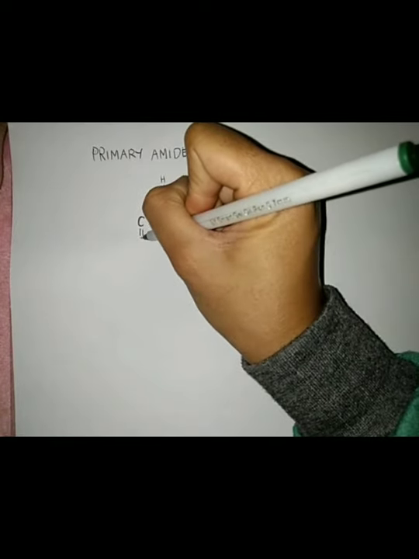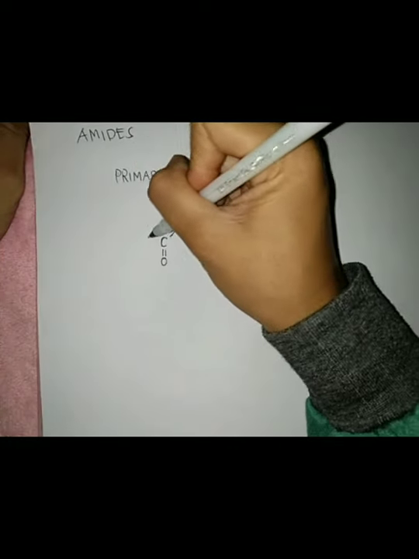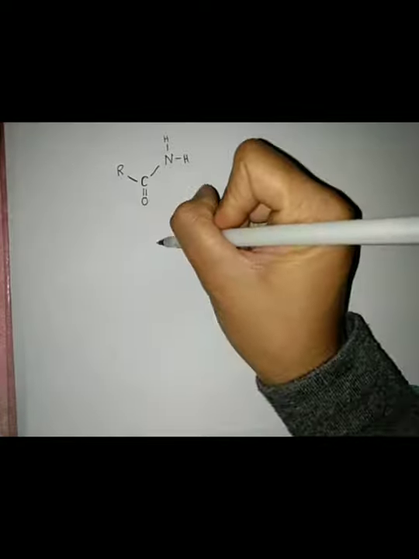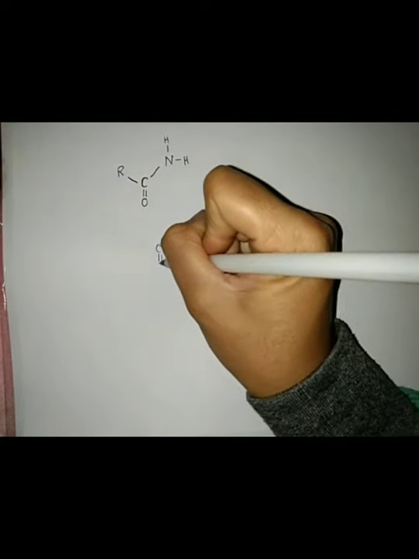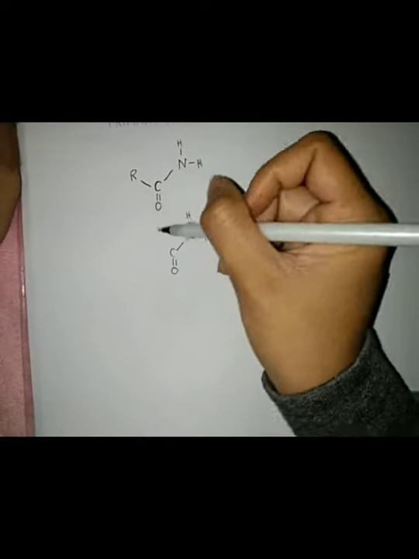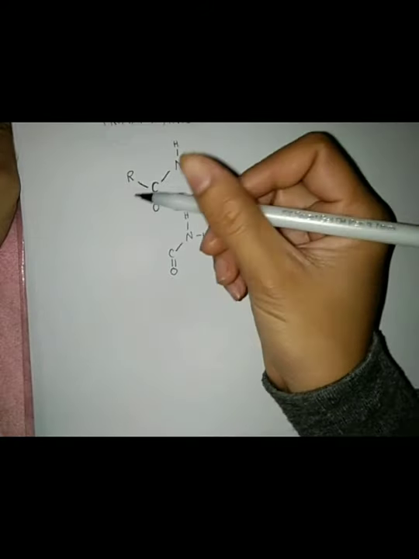Our carbon here is double bonded to one oxygen and also bonded to our R group. I will show you an example of a primary amide. Our nitrogen is bonded to carbon, our carbon is double bonded to oxygen, and our nitrogen is bonded to two hydrogens. Our carbon is also bonded to our R group.